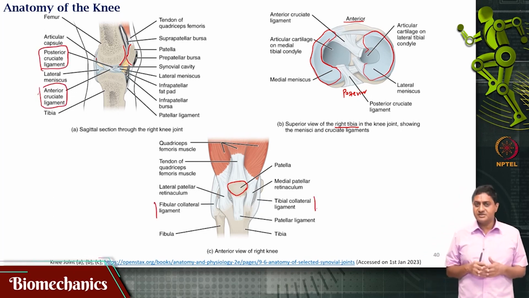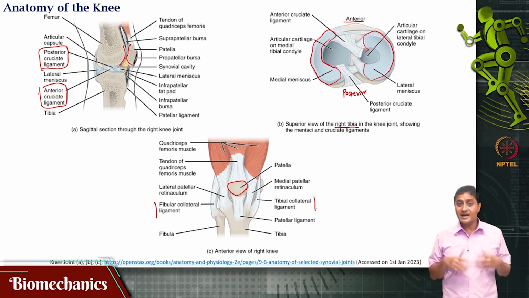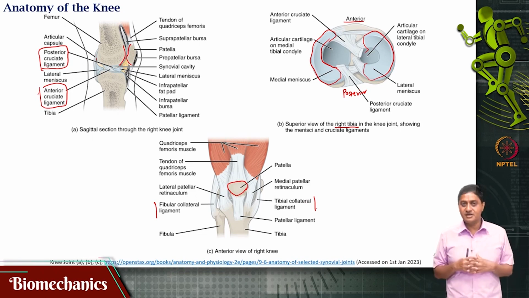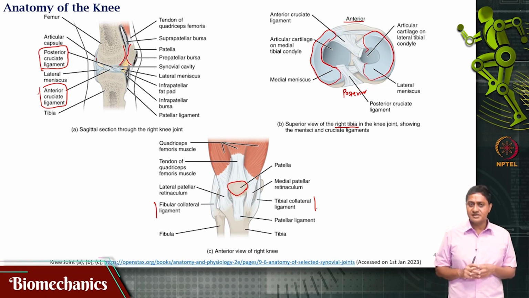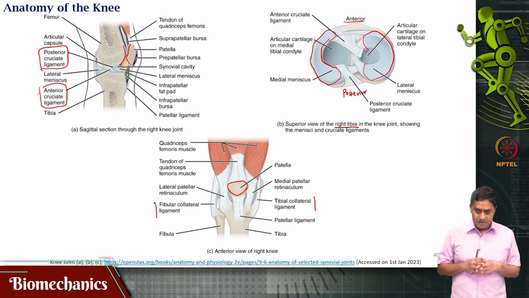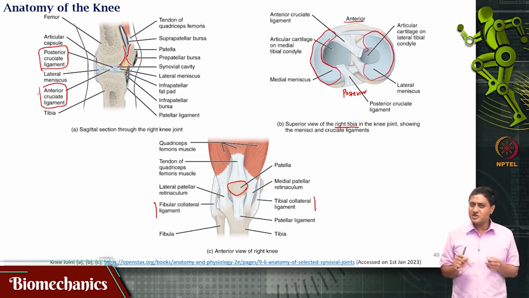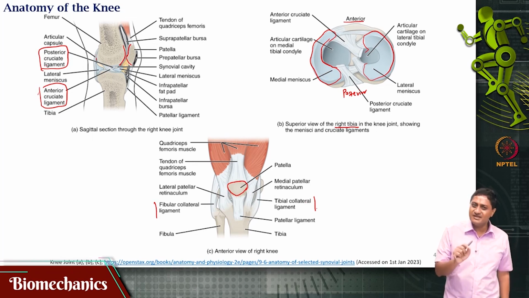So, a major function of the knee is to act as a hinge joint, allowing for flexion and extension at the knee joint. Also, some amount of abduction and adduction is possible, but this is possible only when the knee is flexed.